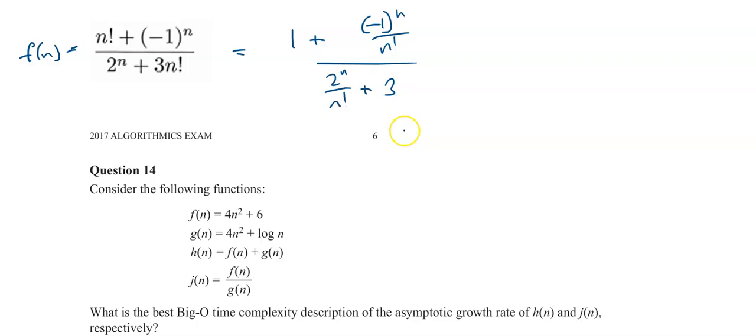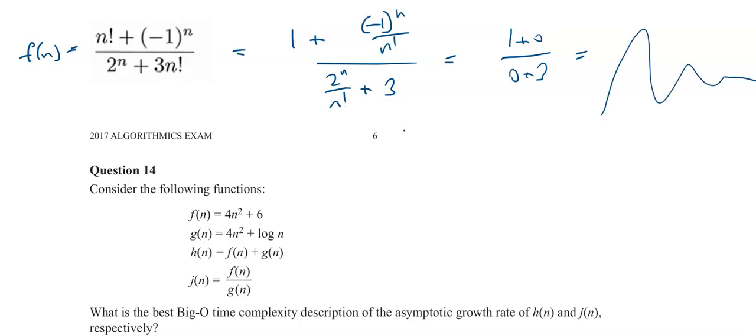Now the negative here might throw you, but it actually doesn't affect where this goes. This still approaches 0. It might oscillate between positives and negatives, but we end up with 1 plus 0 over 0 plus 3. So as n increases, this would be approaching 0 from both directions, which would give you a third. So again, constant time.